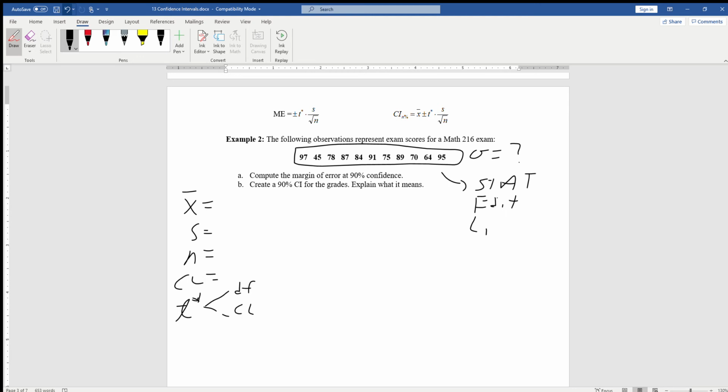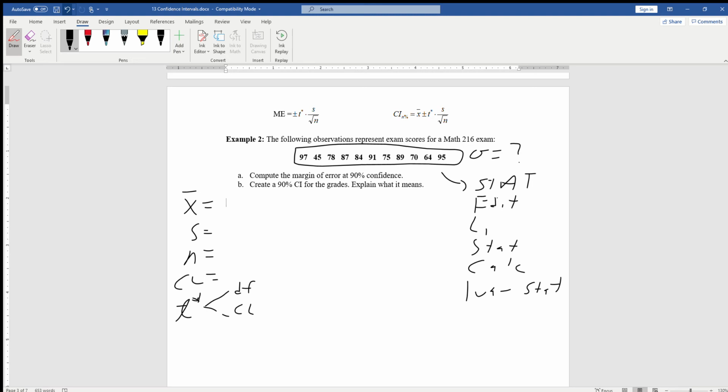Just hit 97, enter, 45, enter, 78, enter, 87, enter, etc. Then proceed by hitting stat, calc, and one var stat. You should get a screen that shows you everything that you need.